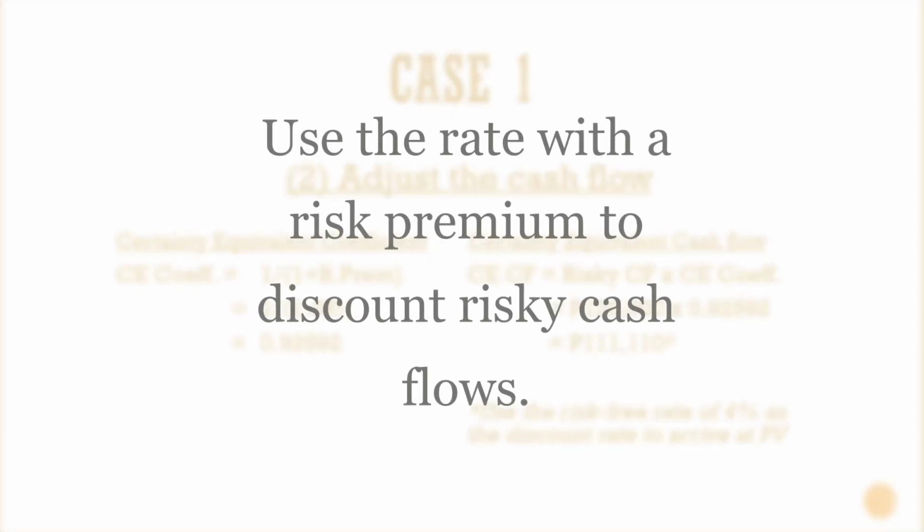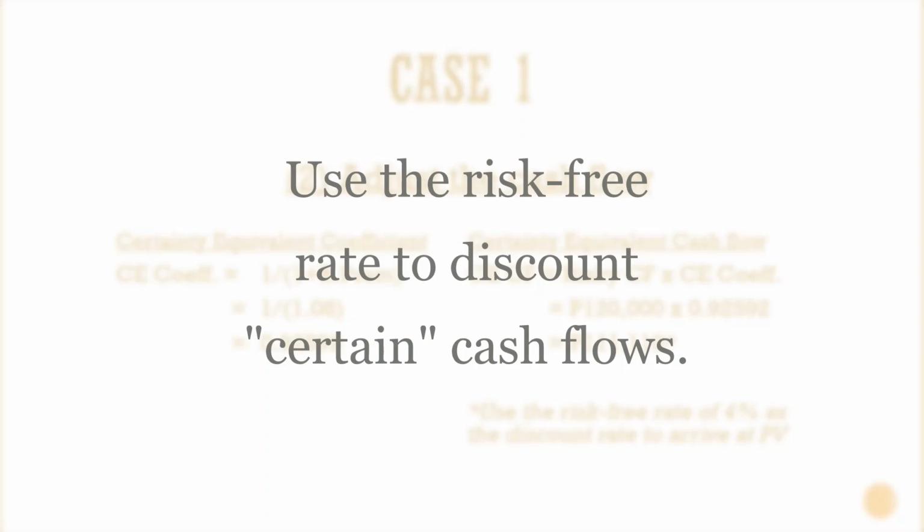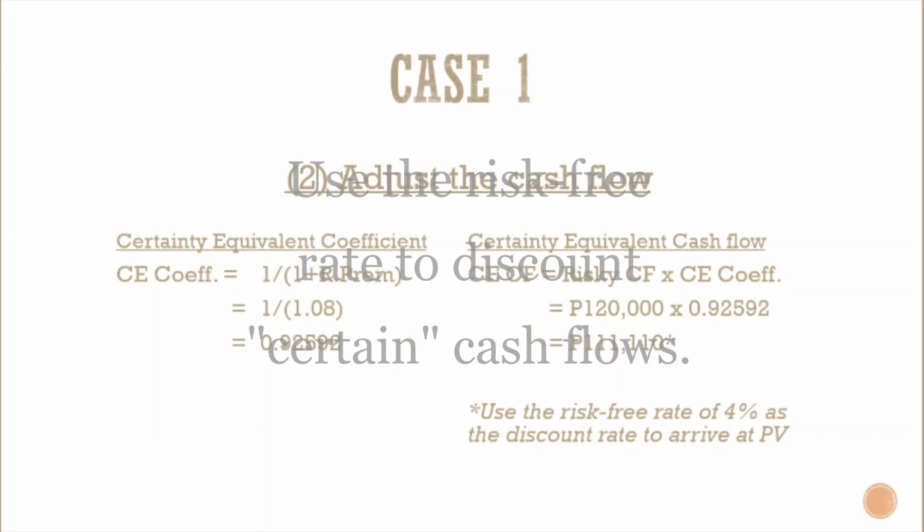If we are using risky cash flows, we would discount them at a rate that incorporates the risk premium. If we are using the certainty equivalent cash flow, where we would consider it to be the risk-free equivalent cash flow, we would use a discount rate that is risk-free.